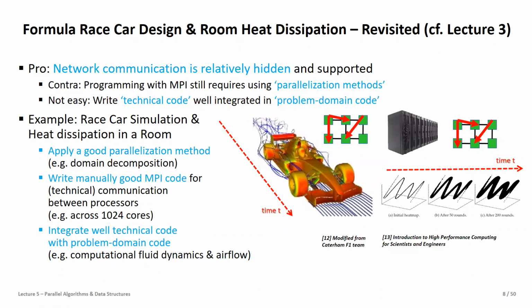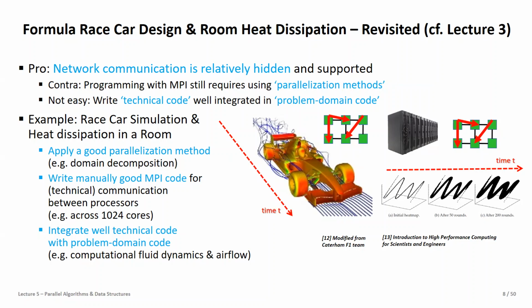The benefit is that the network communication underneath is something we do not directly experience as programmers, but for this we have parallel performance analysis and other tools we will look at later. However, the parallelization methods and the domain decomposition are something we have to think about clearly when we do MPI. We said something about halo regions, ghost regions, and we will come back to this. So it is not completely easy to do this in parallel. That's why you have a kind of recipe.